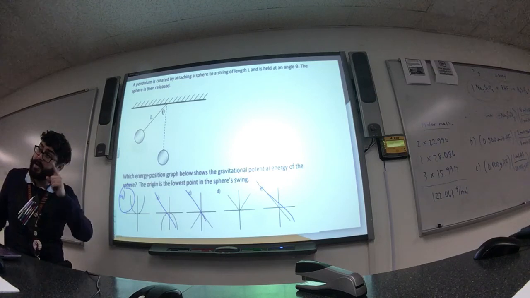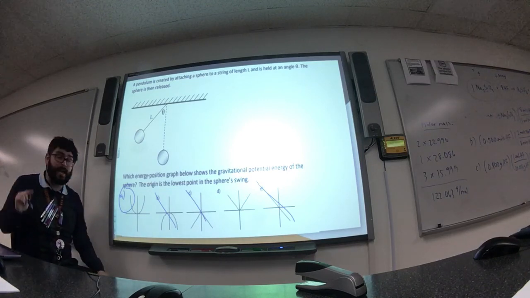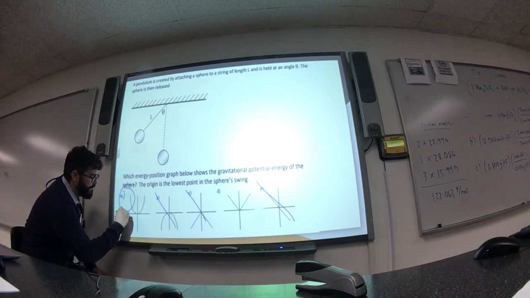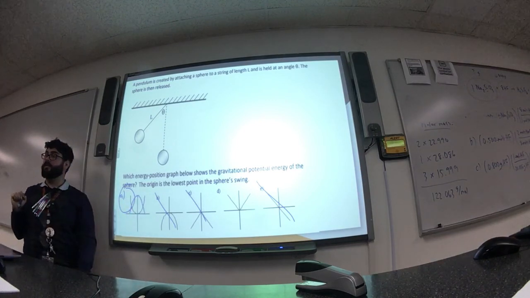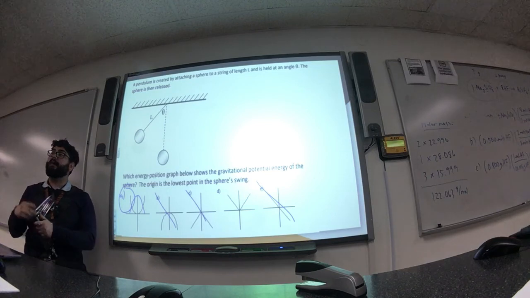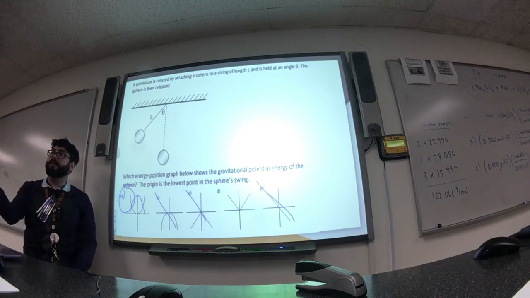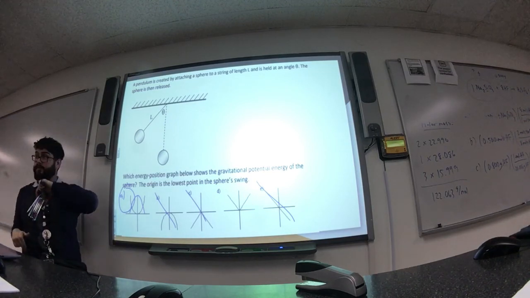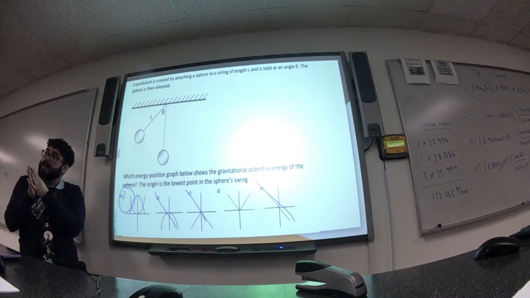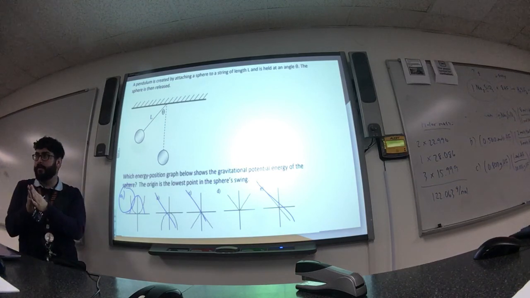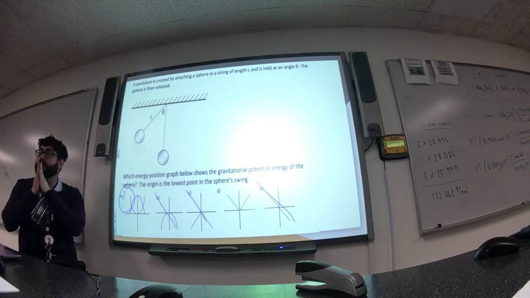And if I wanted to graph the kinetic energy, it would look like that, because it would have to mirror the rate of change of potential in the opposite direction. At every single point, if I add them up, I should always get the exact same number because energy must be conserved.